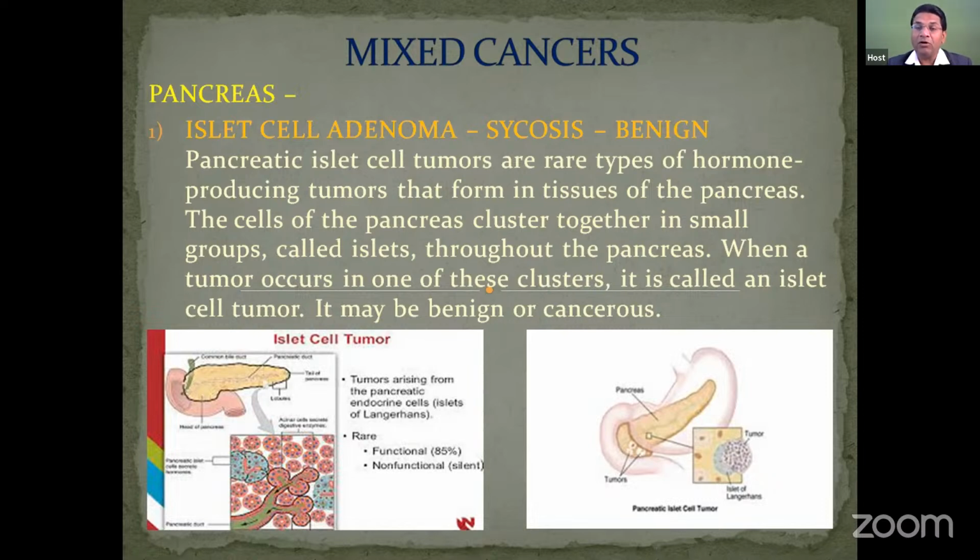It may be benign or cancerous. आप देख सकते हैं, see the tumor near to the head of the pancreas, and in the highlight आप देख सकते हैं, this is tumor growth in the islet cell of pancreas. Yes. So it is very rare. This islet cell tumor arises from the pancreatic endocrine cell. Yes, that is islets of Langerhans cell.